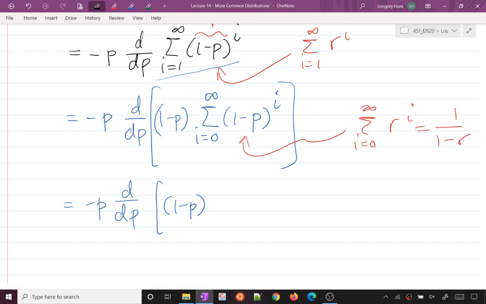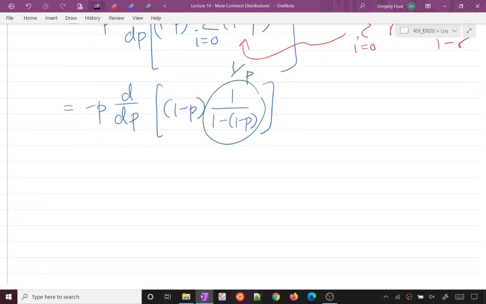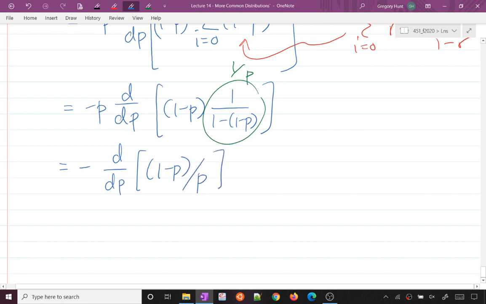The geometric random variable, because we're going to exploit various properties of a geometric series to derive quantities, hence the name. So 1 over 1 minus r is 1 over 1 minus p. Of course, 1 minus p, this is just 1 over p. So what I get is negative p times the derivative of (1 minus p) over p.